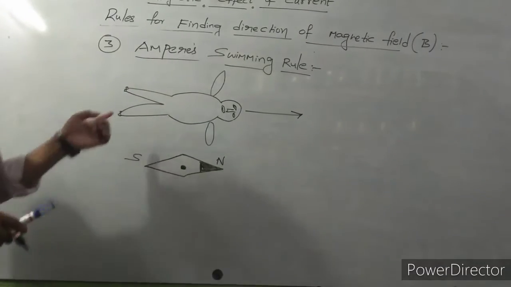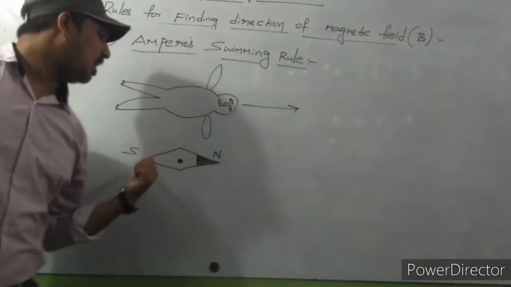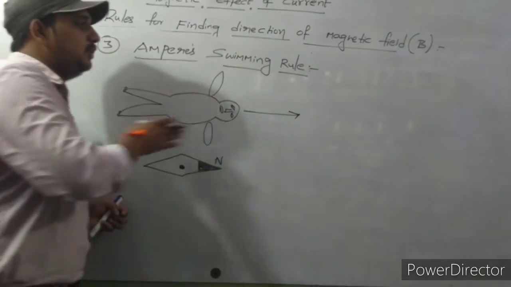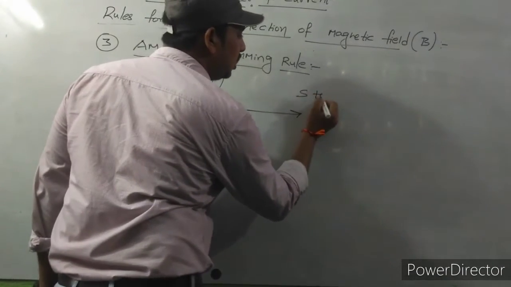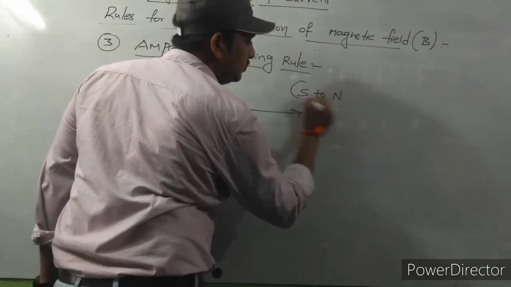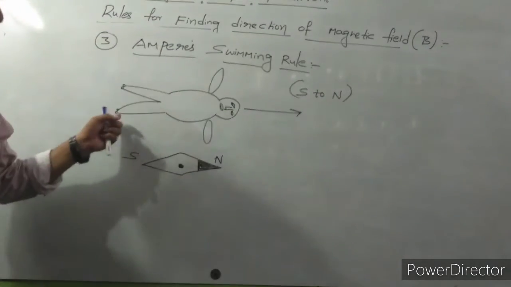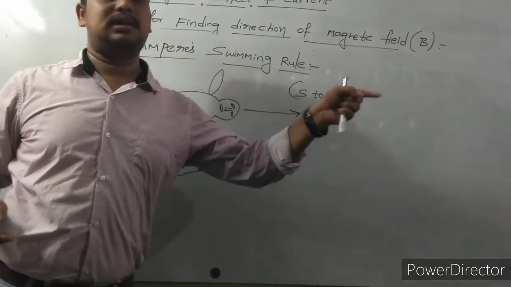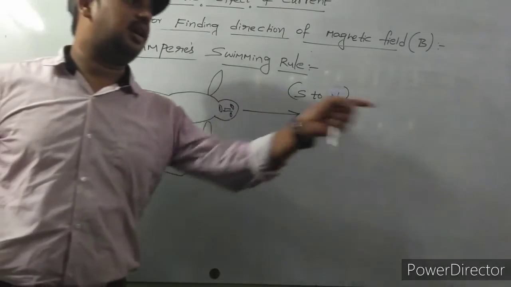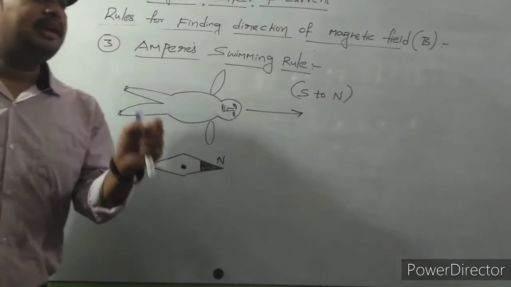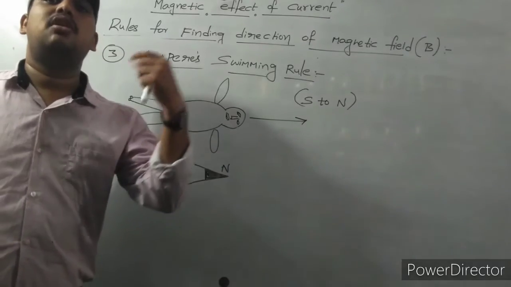The person is swimming from south to north. He is moving from south to north. The person's moving direction indicates the direction of flow of current.